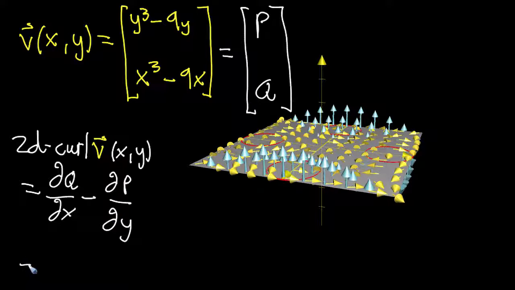And what we get when we do that, the partial of q with respect to x, that just looks like a derivative since there's only x's in there, and you get 3x squared minus 9.